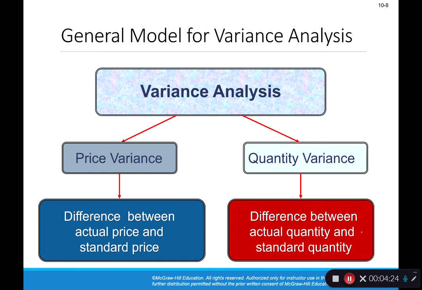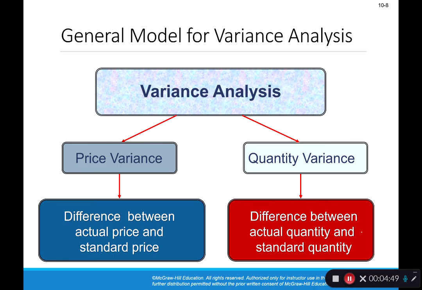So we're going to take the overall flexible budget or spending variance and break it up into its price and quantity component. The price component is going to be the difference between the actual price we pay per unit and the standard price. The quantity variance is the difference between the actual quantity of the input that we use versus the standard quantity that we expected to use.